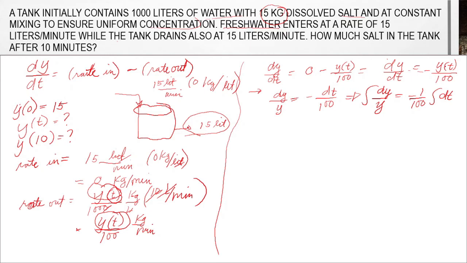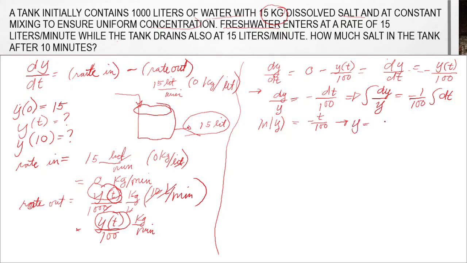You might be confused; we left out the time because we all mean that y is just a function of time. So we have ln y is equal to negative t over 100.